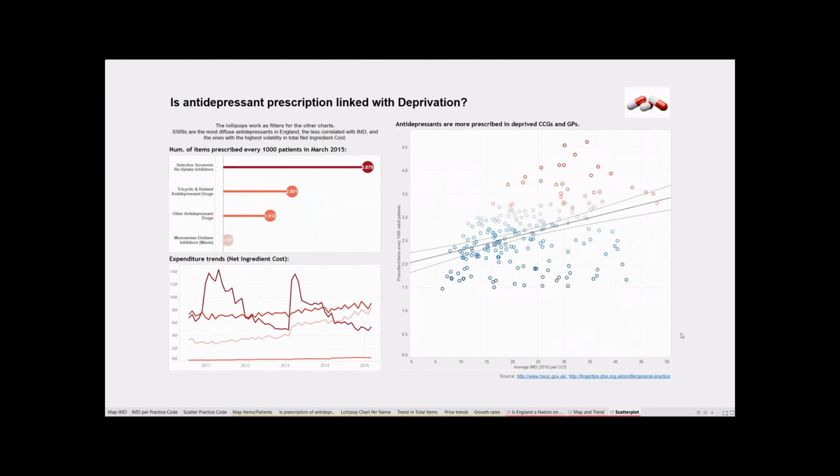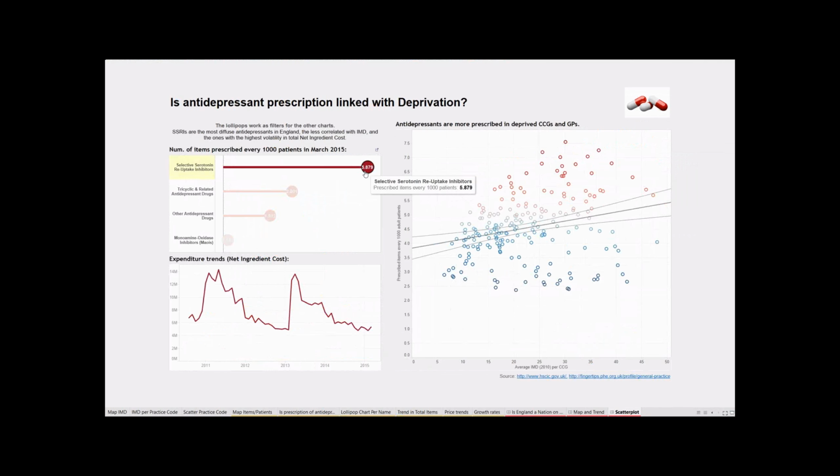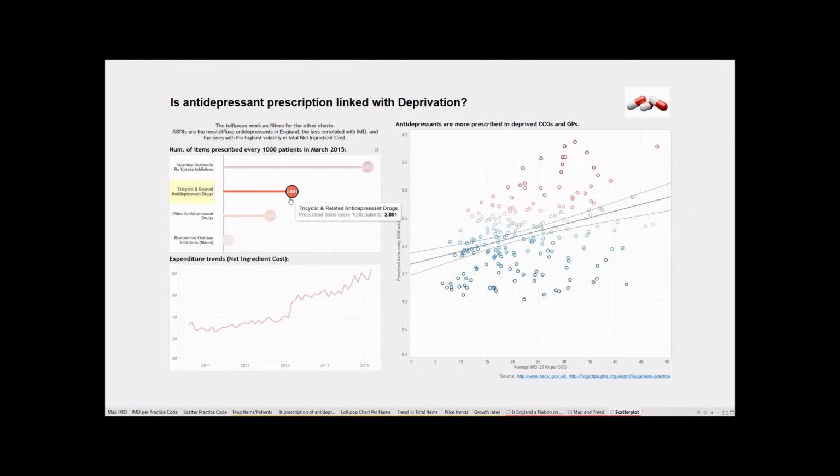of antidepressants prescribed, which I found, because if we use this chart as a filter, which is the number of items every 1,000 patients in March 2015, we can see that for almost all the drugs we have a correlation between the index of multiple deprivation and the prescription of these drugs.